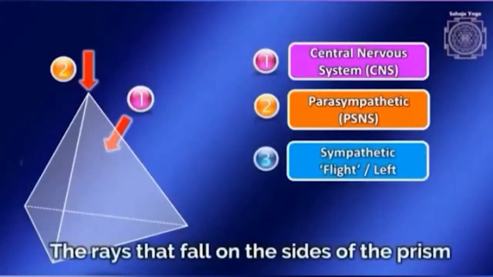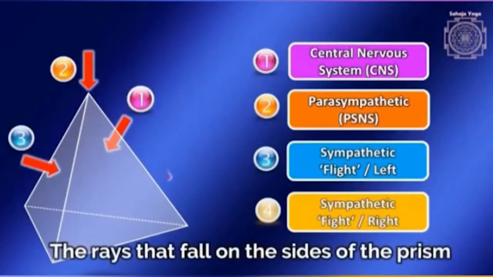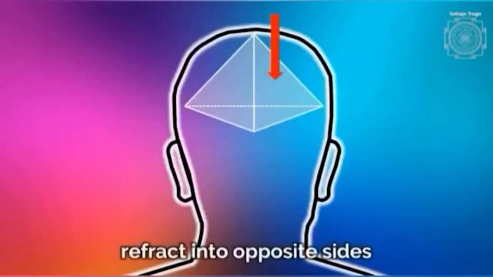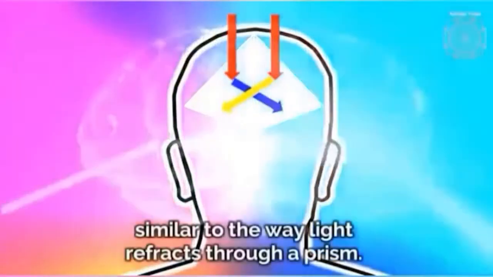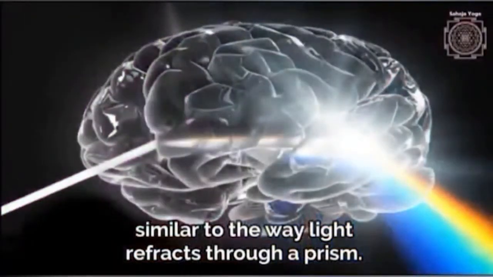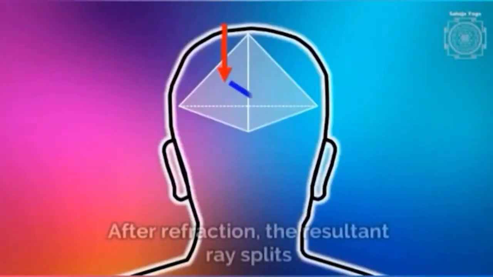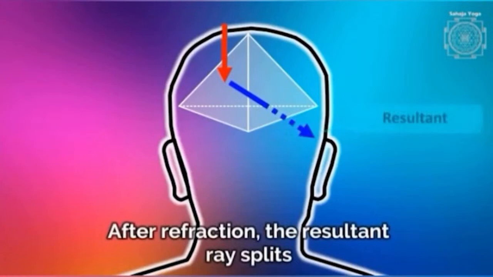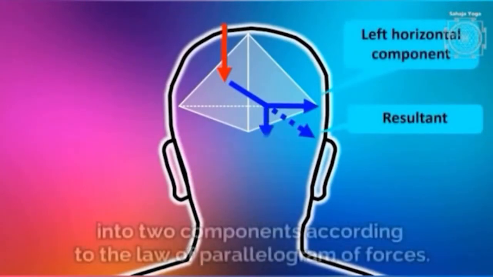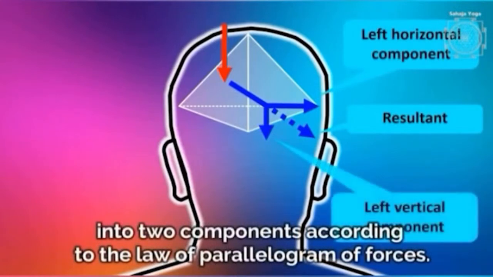The rays that fall on the sides of the prism refract into opposite sides, similar to the way light refracts through a prism. After refraction, the resultant ray splits into two components, according to the law of parallelogram of forces.